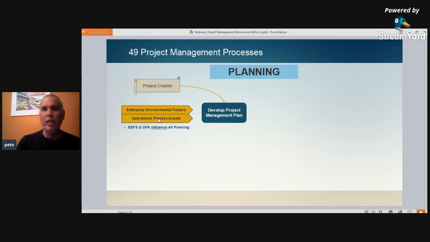So when you look at inputs and you're doing a planning process, you know that you're going to have enterprise environmental factors. They're conditions that your project is going to operate in. They're industry standards. They're laws and compliance if you're in financial compliance, solvency, any type of legal.